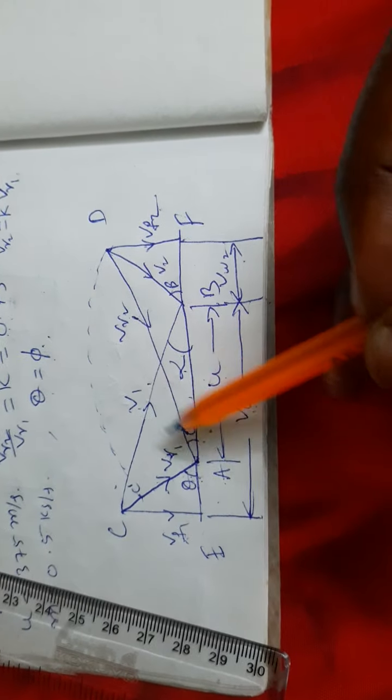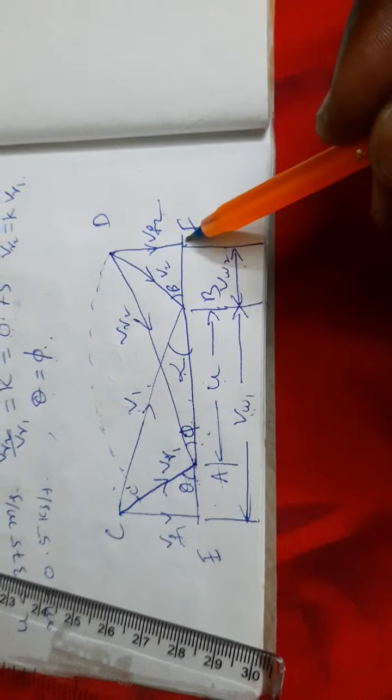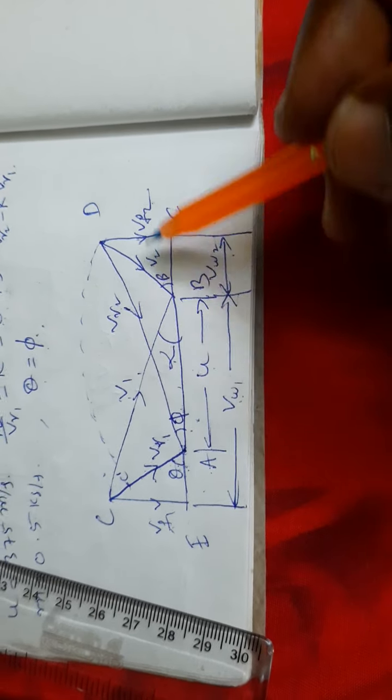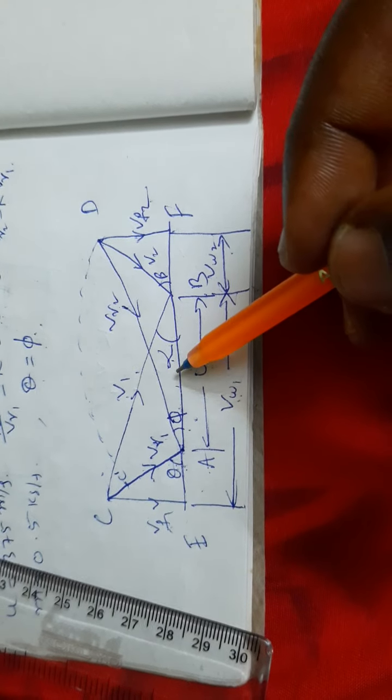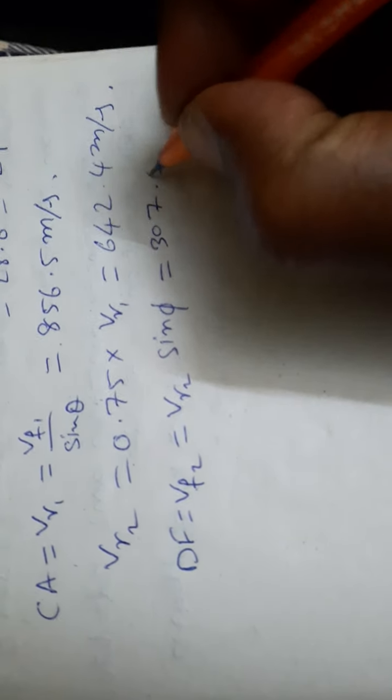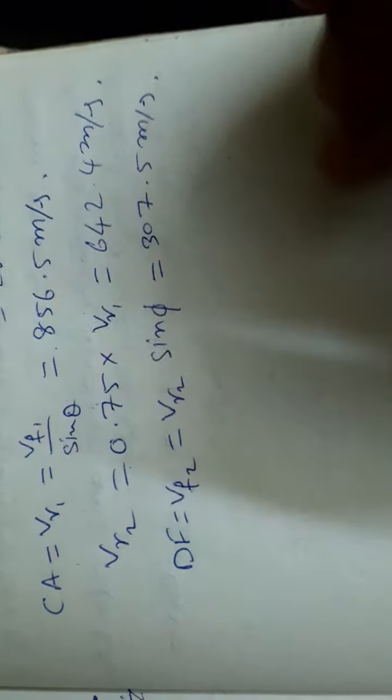From triangle DAF, sin phi equals VF2 by VR2, so VF2 equals VR2 sin phi. That is 307.5 meters per second.